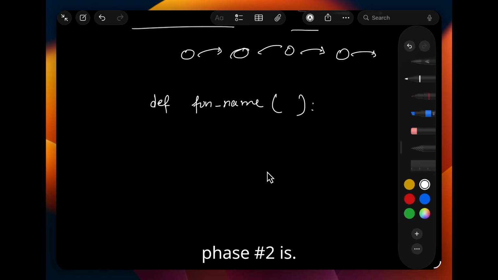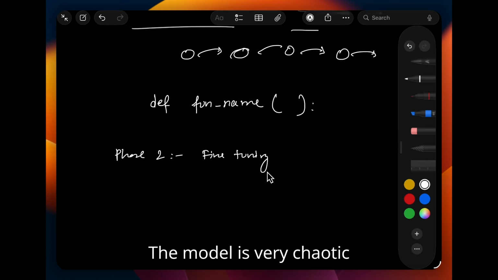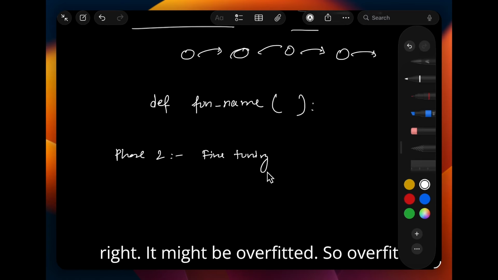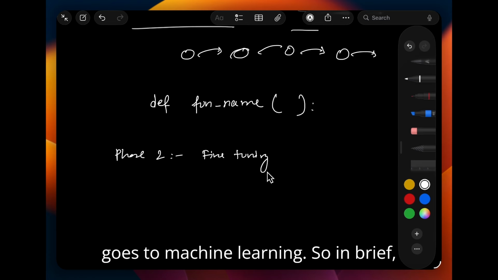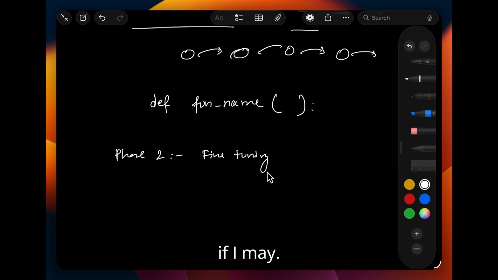And phase number 2 is fine tuning. What is fine tuning? After pre-training, the model is very chaotic, right? It might be overfitted. Overfit and underfit are two terms from machine learning. In brief, overfit means feeding a model excessive amounts of data.